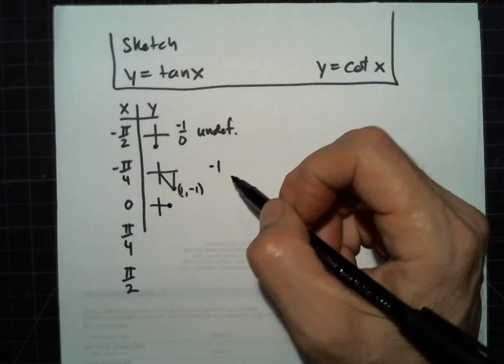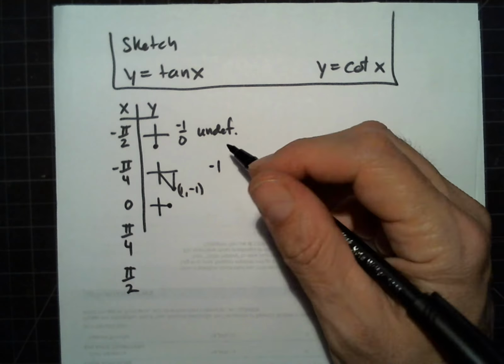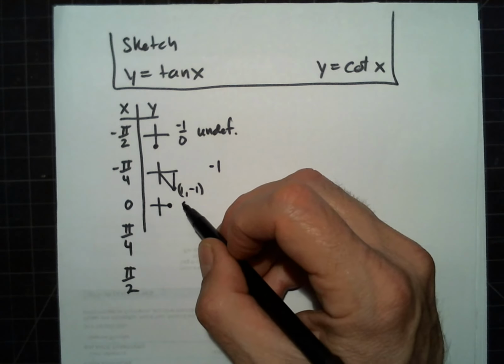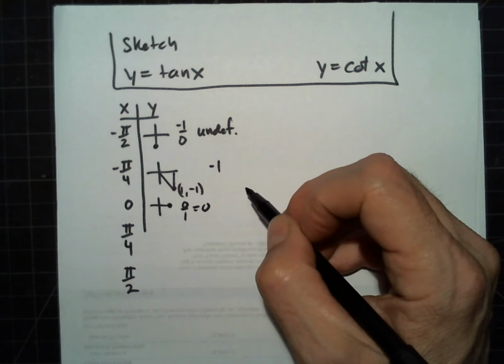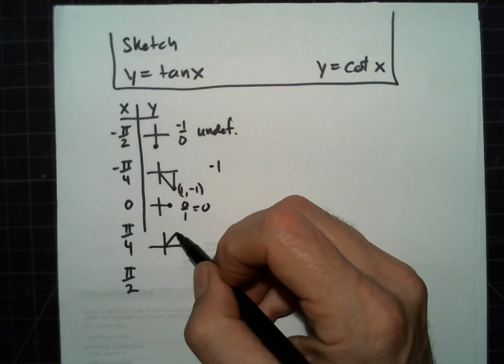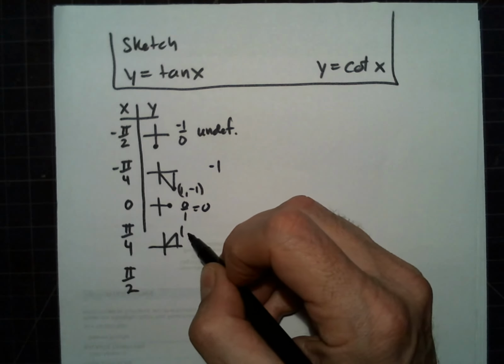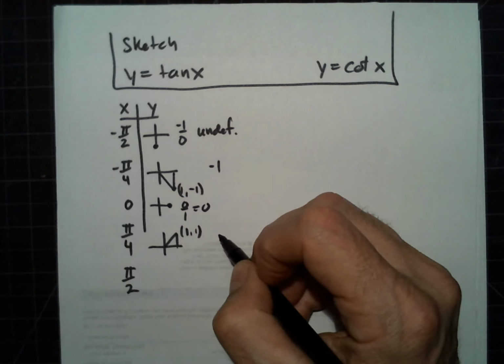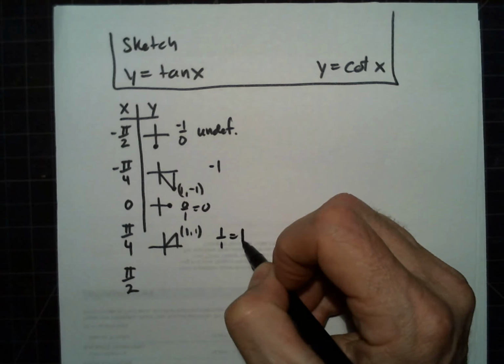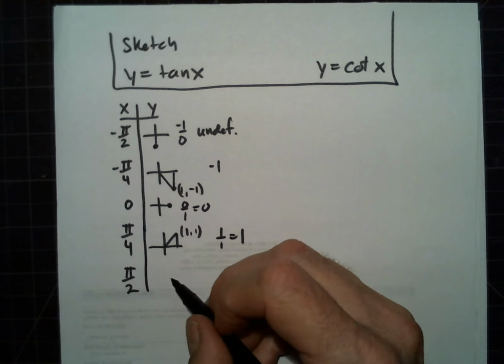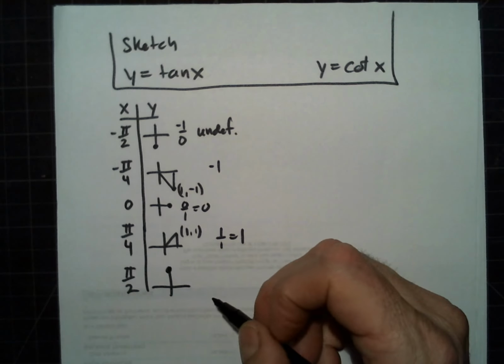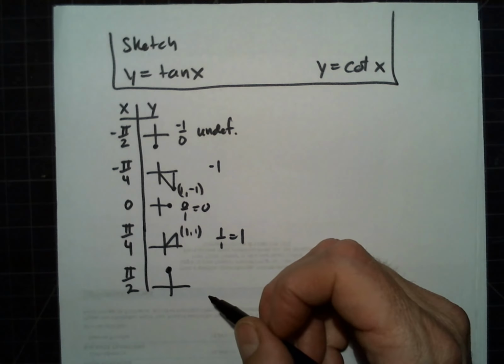At 0, we're going to use y over x with a y value of 0, so now we have 0 over 1 is 0. Pi over 4, that is 1 over 1. Pi over 2, we want y over x.